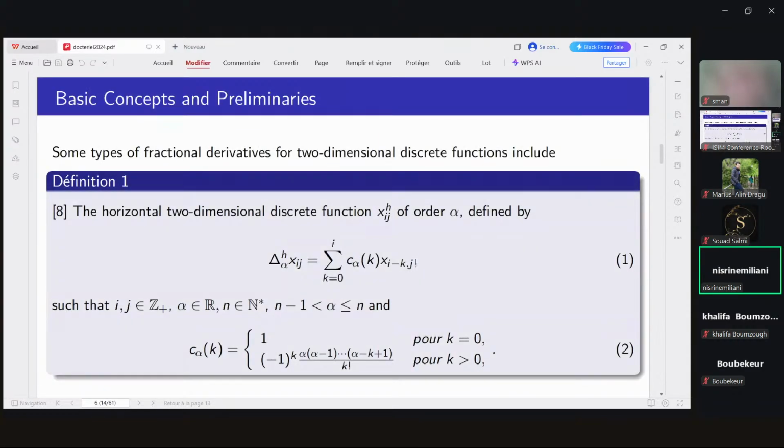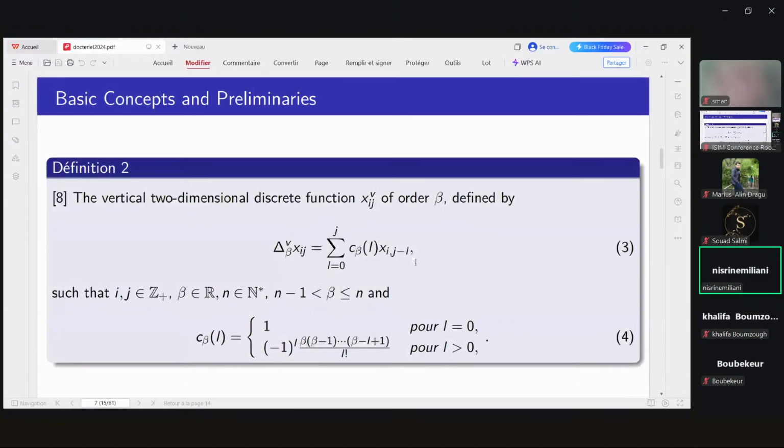Now, we will begin by presenting some preliminary remarks and concepts. In definition 1, the horizontal two-dimensional discrete function x of order alpha is defined by the first formula, where alpha is between n minus 1 and n.